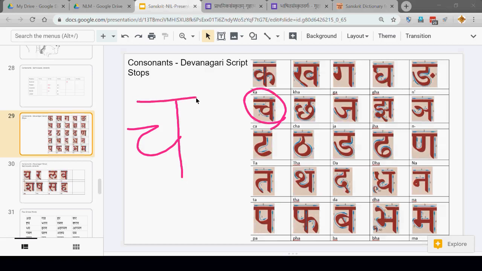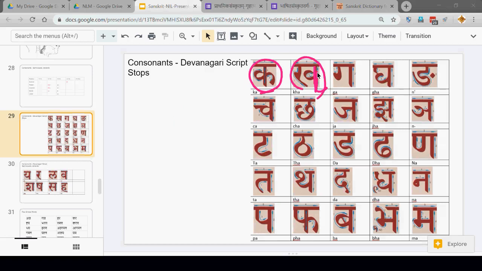One vertical line. So for example, ka has a vertical line in the middle, this ka has a vertical line at the end, ga vertical line at the end, kha vertical line at the end, ja vertical line. So some of the letters here, the script writings here, they have vertical lines.